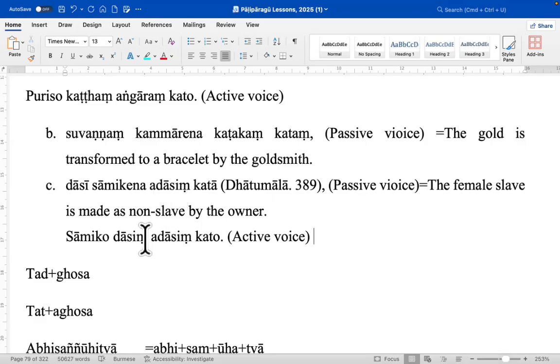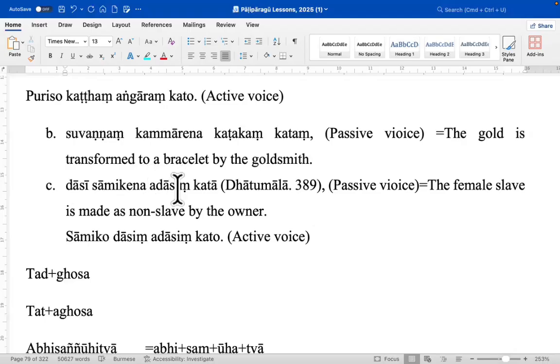In this active sentence, dāsiṃ is the original object and adāsiṃ is the Vikatikamma, the secondary object. When it is turned to passive voice, adāsiṃ remains the same, taking the same accusative case ending. But dāsī becomes nominative, because it is the original object, and sāmiko becomes sāmikena, taking the instrumental case ending.